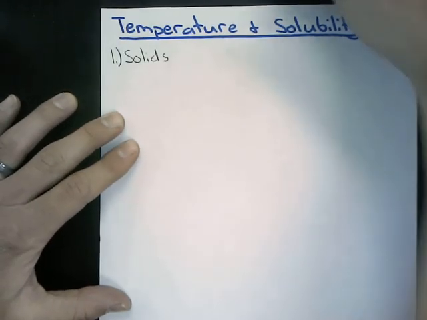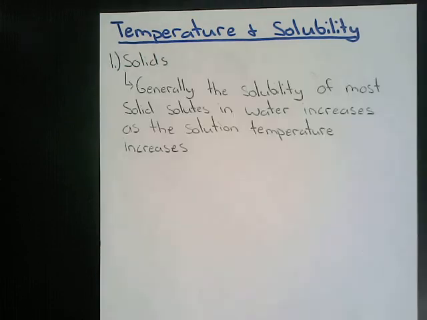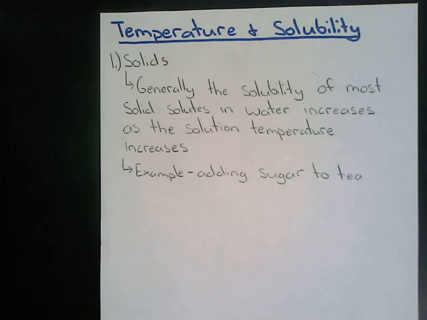Generally, the solubility of most solid solutes in water increases as the solution temperature increases. A great example of this is adding sugar to tea. The hotter that solution of tea gets, the more sugar you can add.